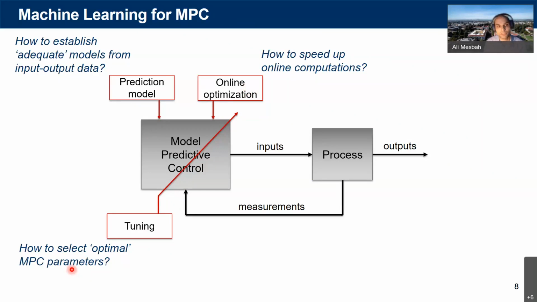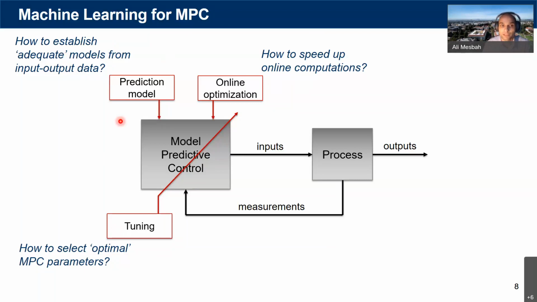There are great opportunities for establishing data-driven models from input-output data. In fact, we can also combine data-driven models with high-fidelity physics-based models. Also, they can be leveraged toward speeding up computations, and as I mentioned, also systematic selection of the tuning parameters of MPC.